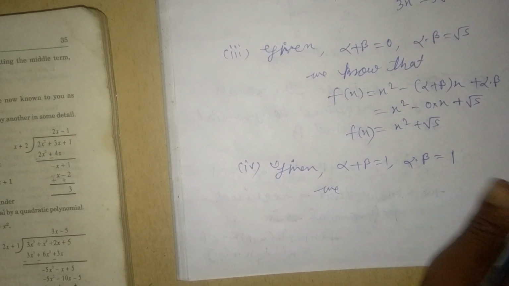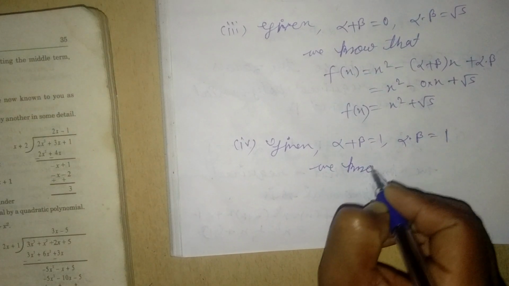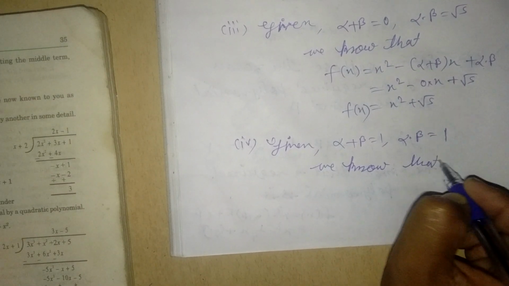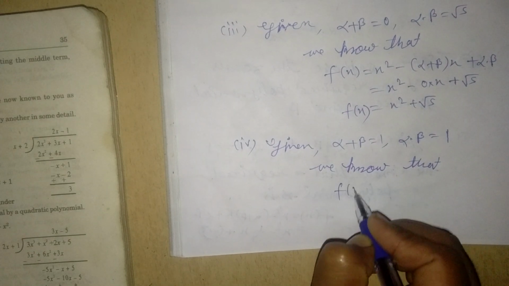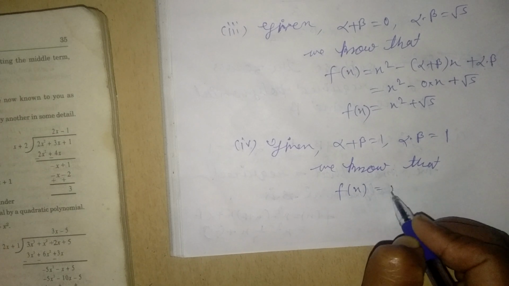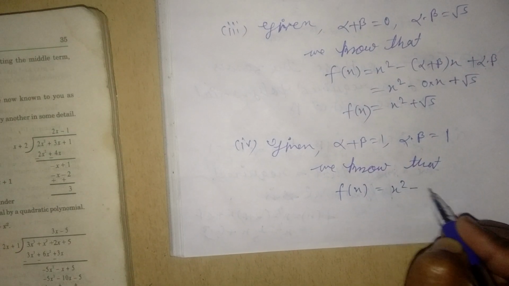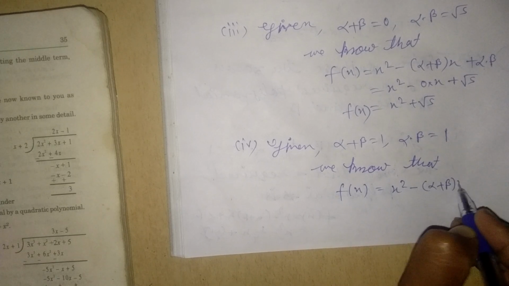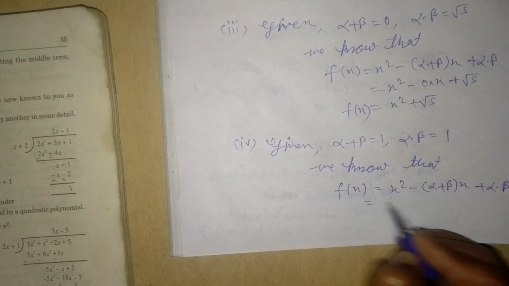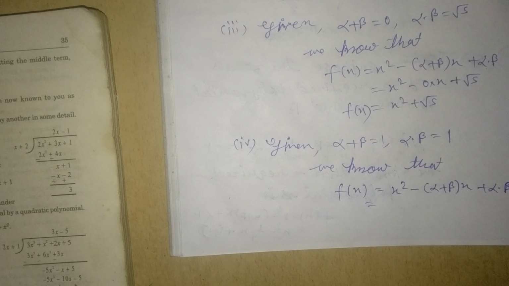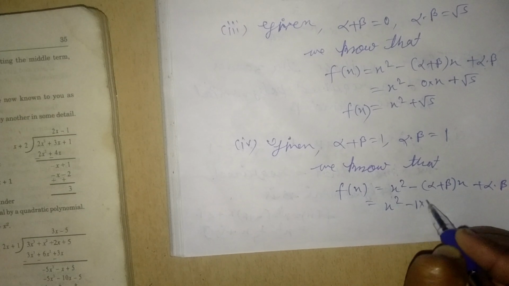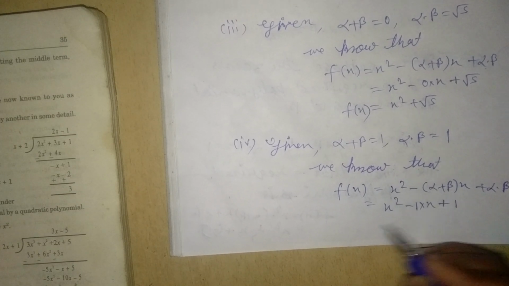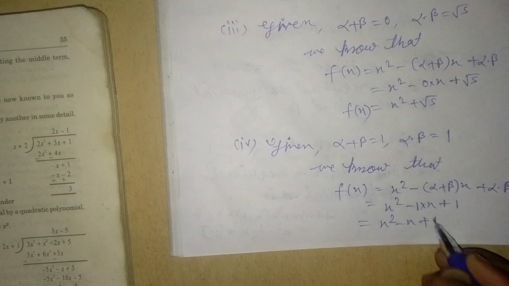So we know that f(x) is equal to x square minus (alpha plus beta) x plus alpha beta. You can take any other variable in place of x. x square minus 1 into x plus 1. So you will get x square minus x plus 1. Okay, it is your answer.